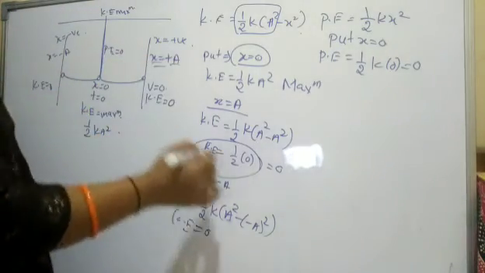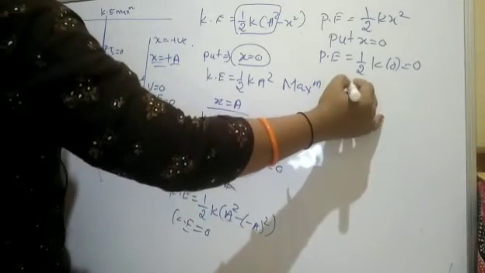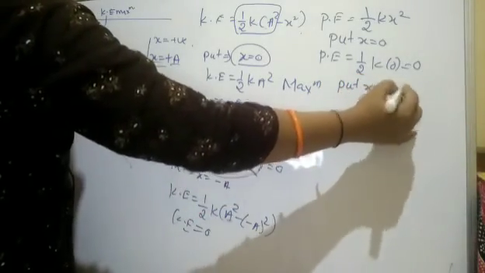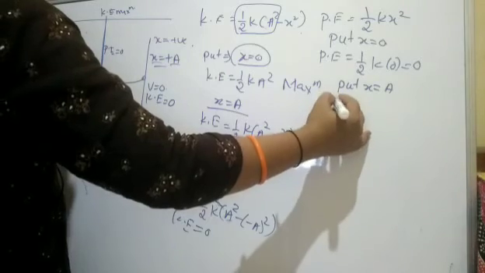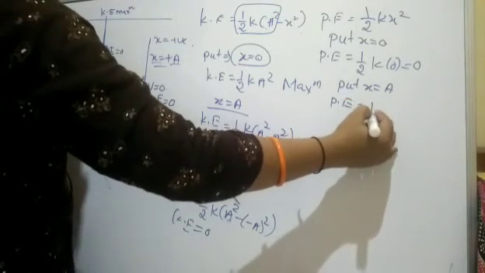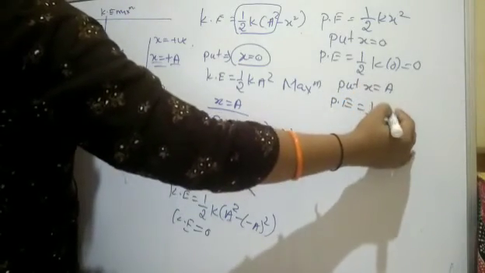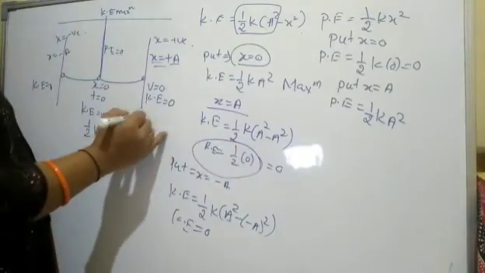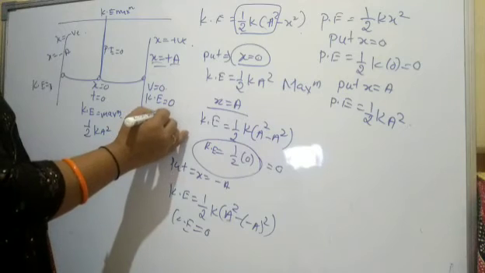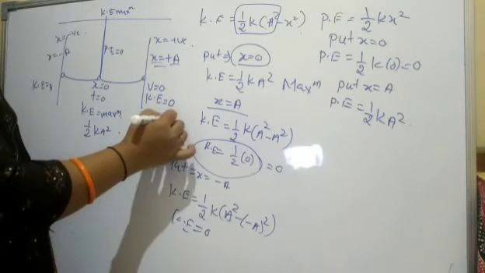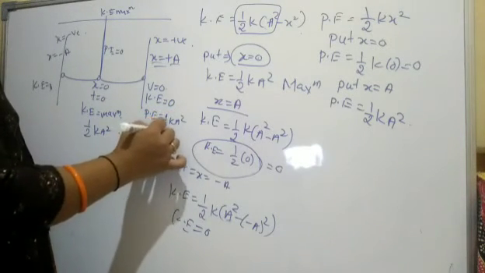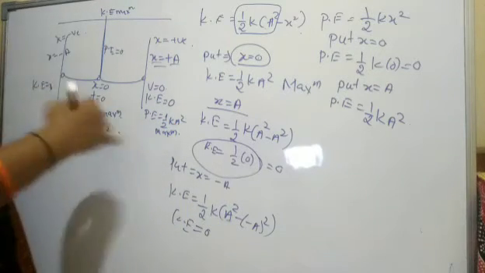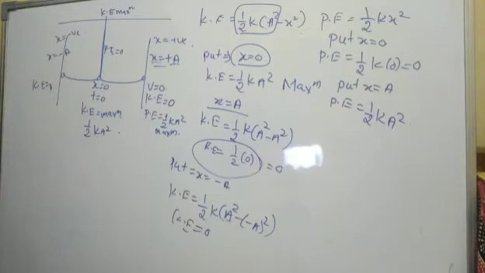Then what about the extreme position? Put x = a, potential energy will be equal to 1/2 k a². That means potential energy will be maximum, 1/2 k a², at the extreme position.